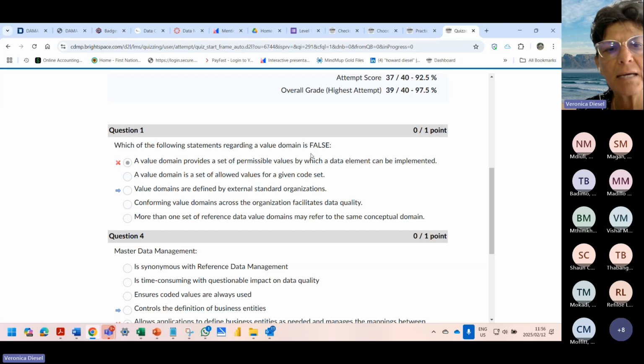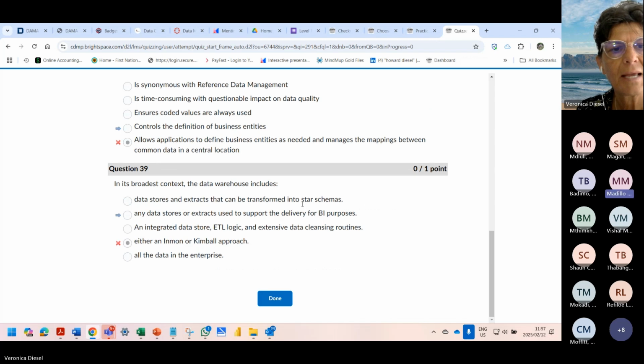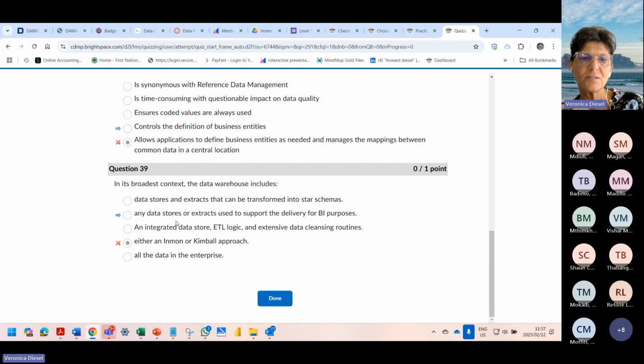In fact, if you find one of those questions where it says not or false, write down the number so that you can come back and make sure you're right. Master data management controls the definition of business entities. And in the broadest context, the data warehouse contains any data stores or extracts used to support the delivery of BI purposes. And that's how you get it.